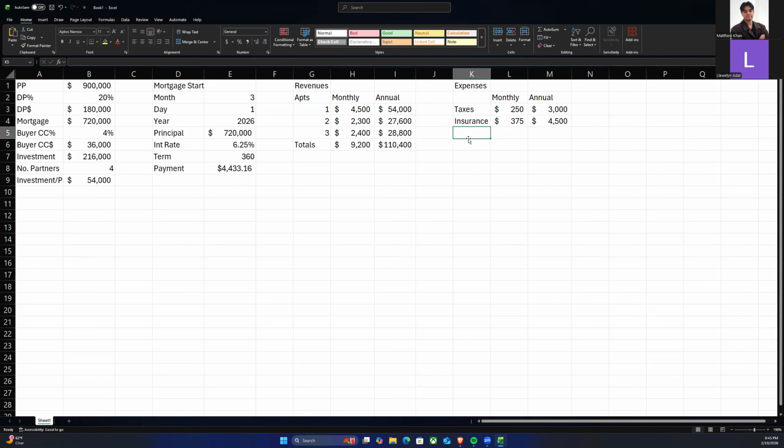One is going to be electric. Let's type electric. Now, the electric bill for the house is not the electric bill for the apartment, because each apartment will have its own electric that the tenants pay. So this electric is the electric for the common areas, right? And it's not much. So annually, it's about $1,200.